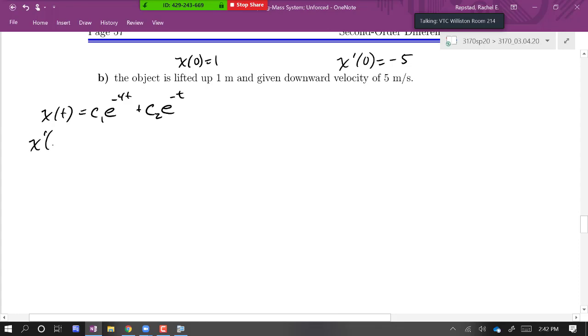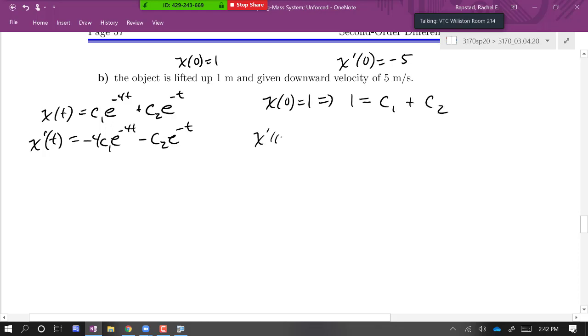Again, x prime of t is negative 4 c1 e to the negative 4t minus c2 e to the negative t. So x of 0 equals 1 means 1 is equal to c1 plus c2. And x prime of 0 equals negative 5 means negative 5 is equal to negative 4 c1 minus c2.